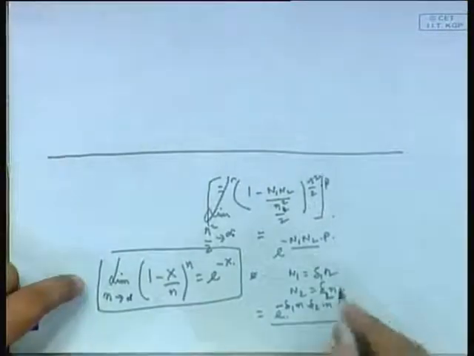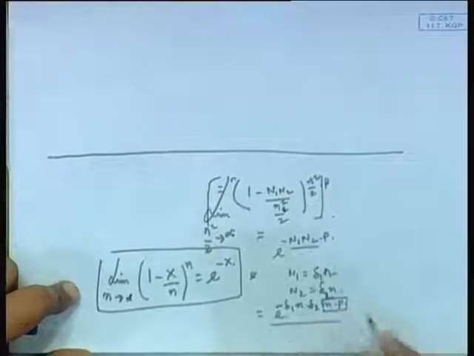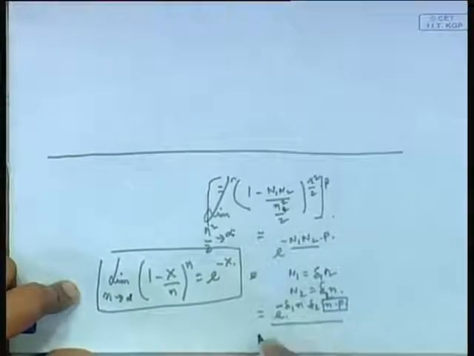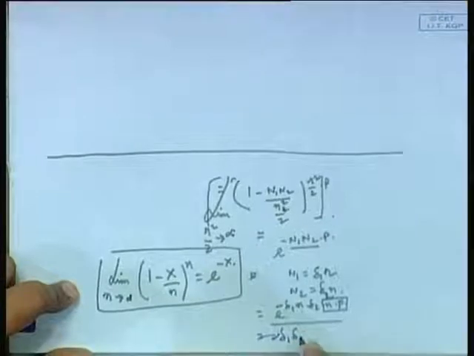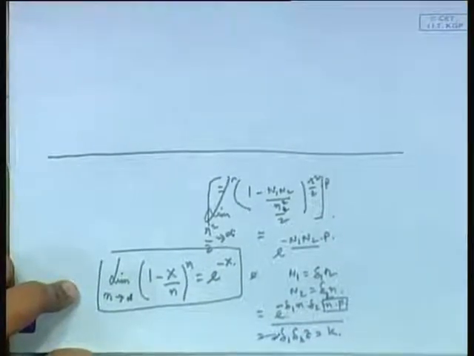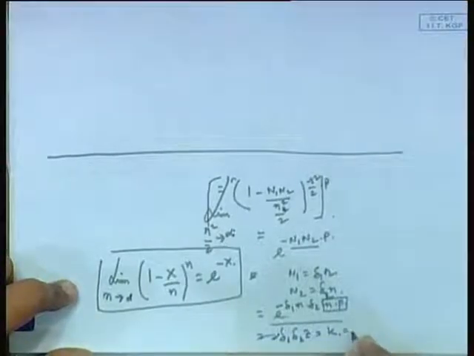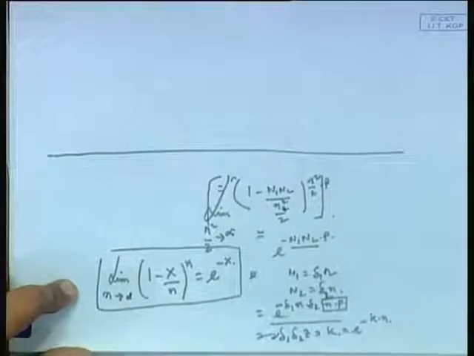What is n p? z. So, we can say lambda 1 lambda 2 into z is a finite constant. So, this becomes e to the power minus a constant into n, where n tends to infinity.